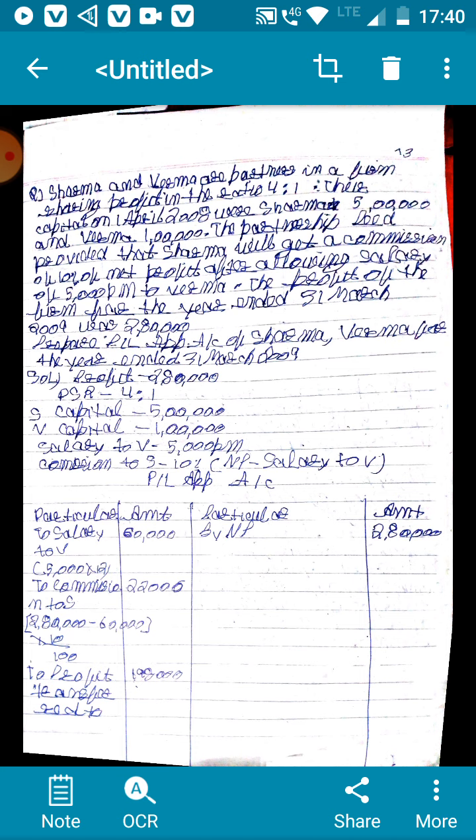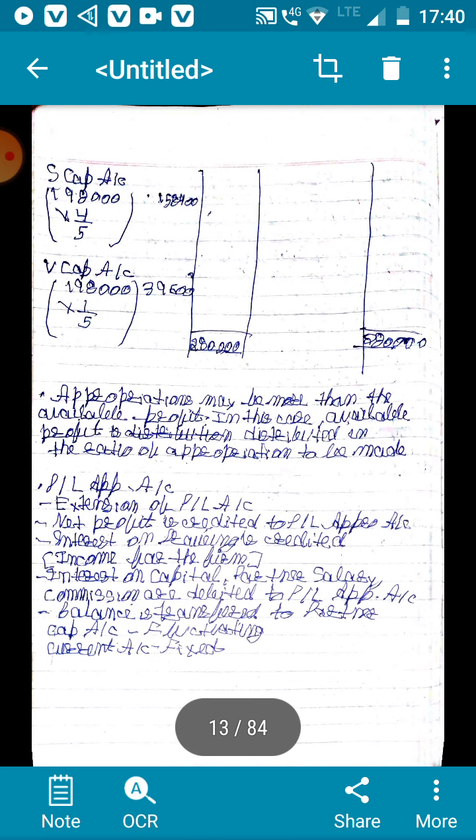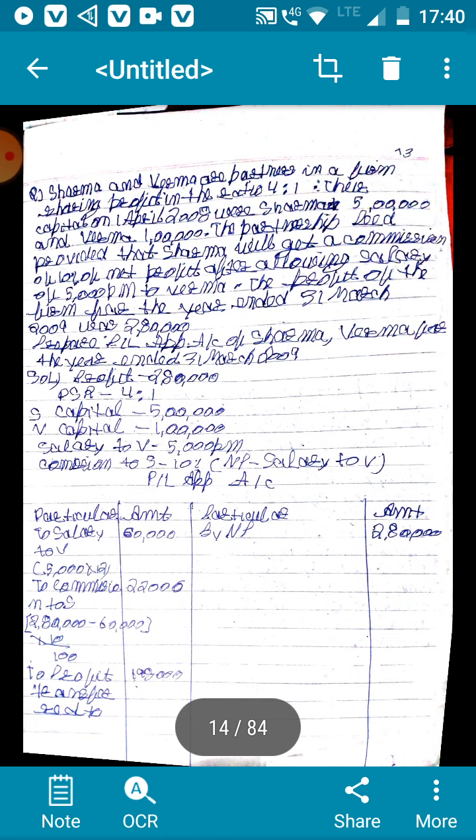Next, we have to transfer the profit to Salma's capital account and Balma's capital account. Profit left is 2,80,000 minus 60,000 minus 22,000, which is equal to 1,98,000.